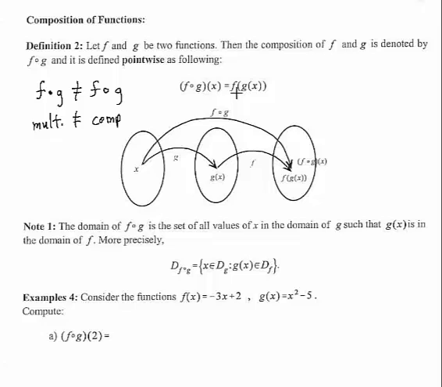Okay, this is a little more explanatory as to what we actually do to compute the composition. We simply take g of x and put it inside of f. Or you could look at it as x goes into g, and then that output goes into f.